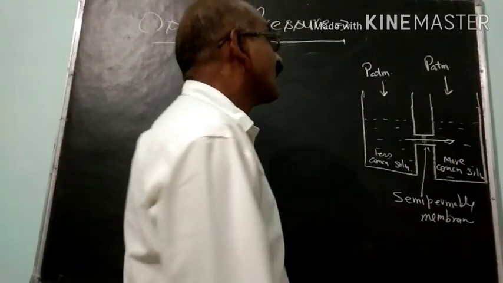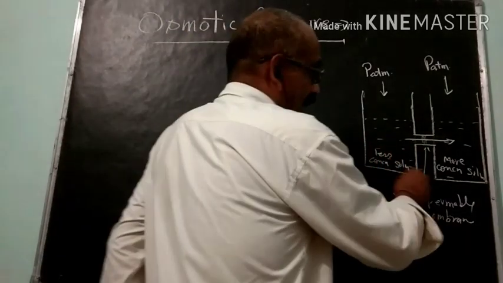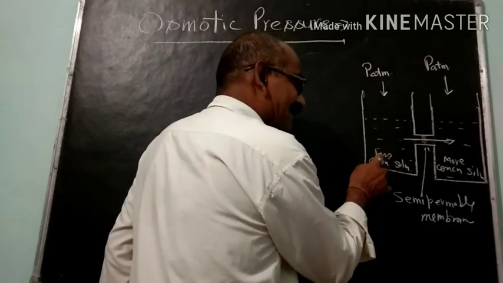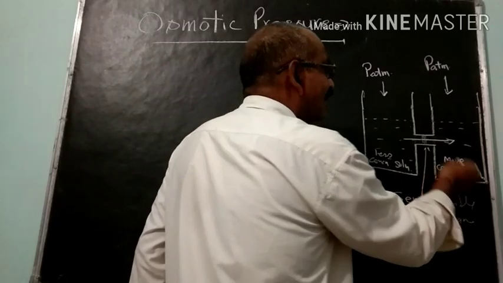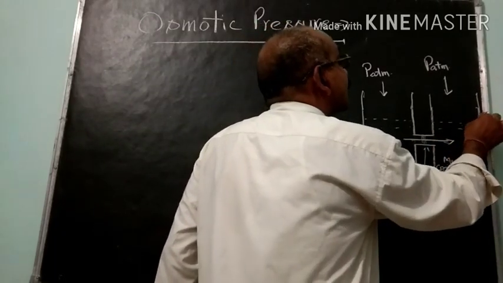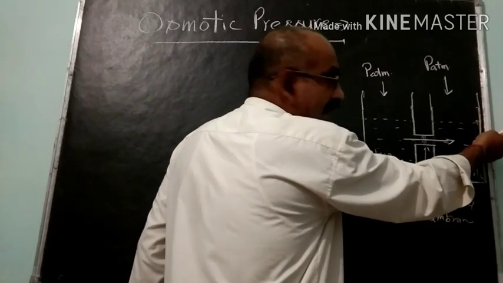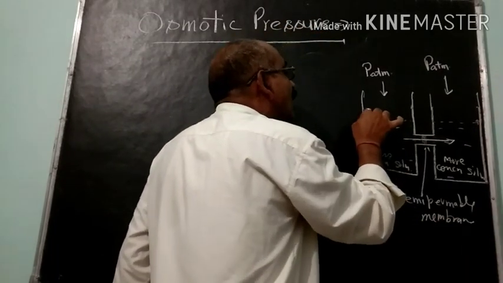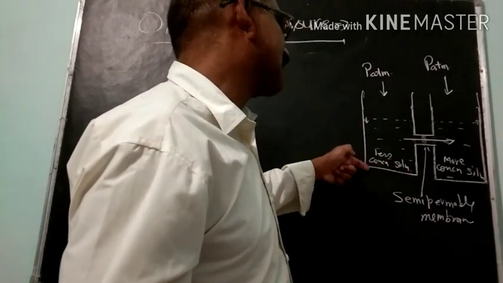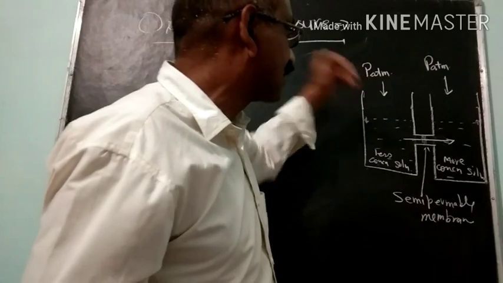Now, what will happen as the solvent particles move from less concentrated to the more concentrated? The level of the solution starts rising in this chamber, while the level of solution in this chamber, which contains less concentrated solution, starts decreasing.